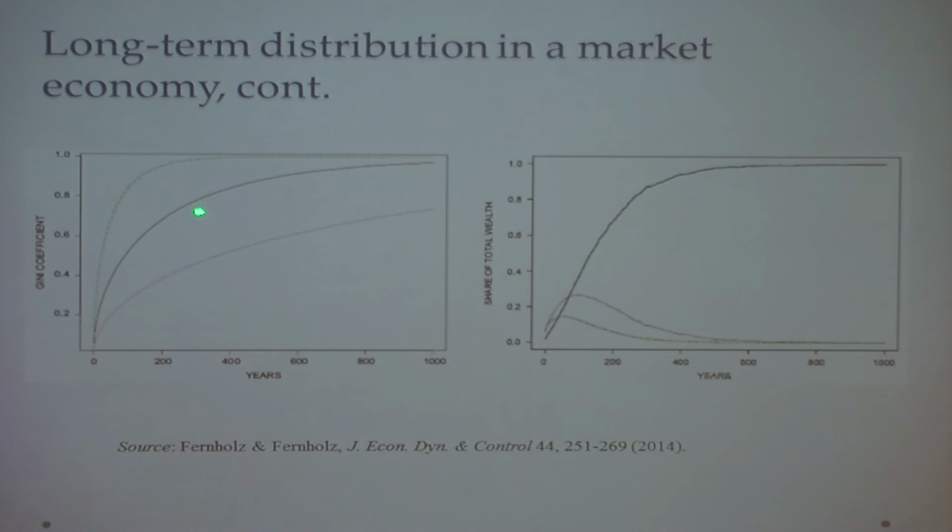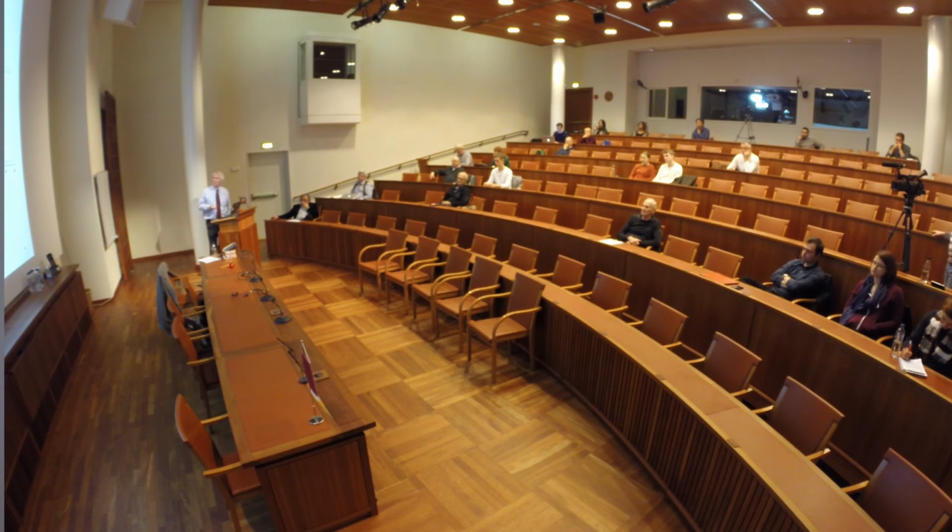And you see that the Gini coefficient rises monotonously towards 1, which implies that in the long run, one person in this society will own the total assets in this society. And the other 2 curves are simply what you get if you change some basic parameter of this equation. So they affect the speed, but not the ultimate result.